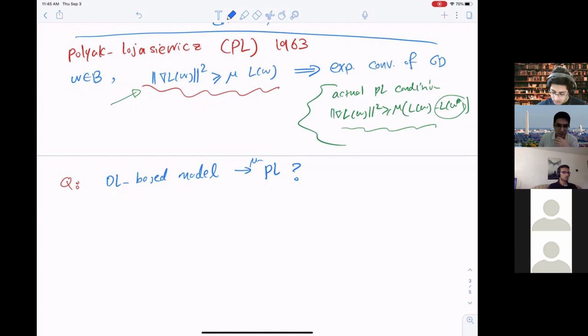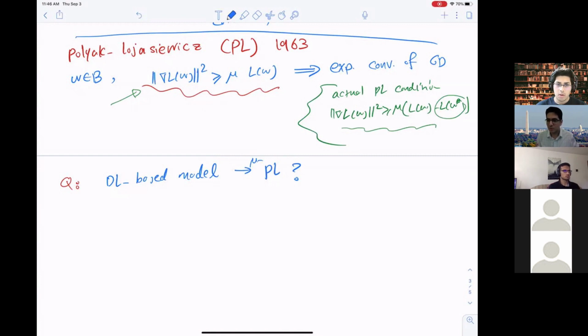Okay, so let me take some questions. Geometric interpretation of PL condition, we'll see that. Hold on a second. Okay, yeah, exponential convergence, yes, means linear. There are different terminologies in the literature.